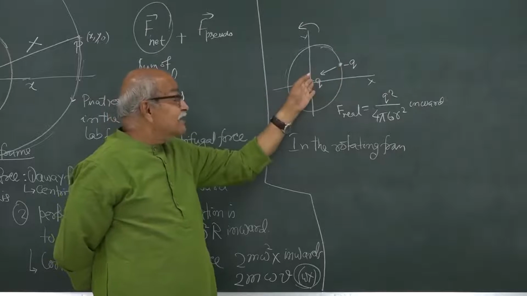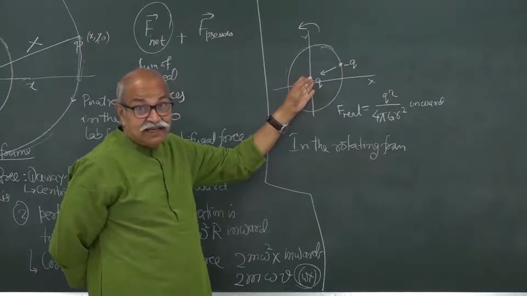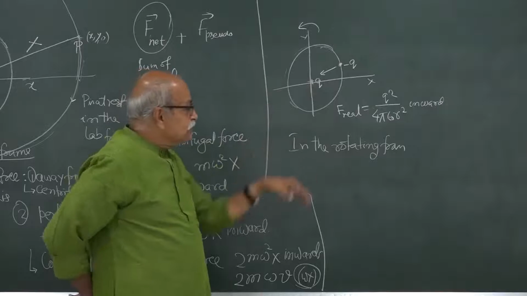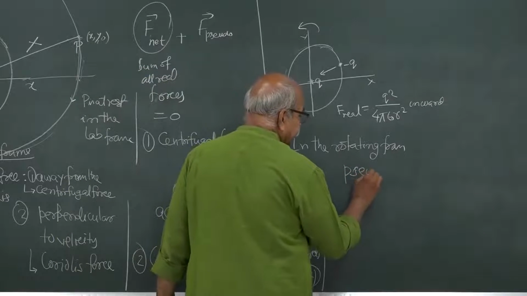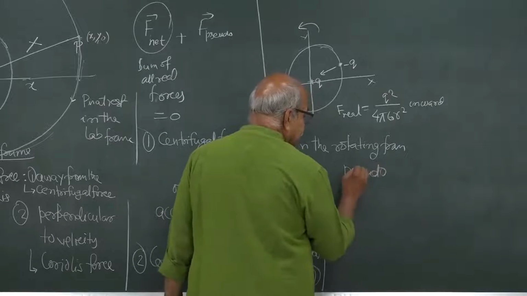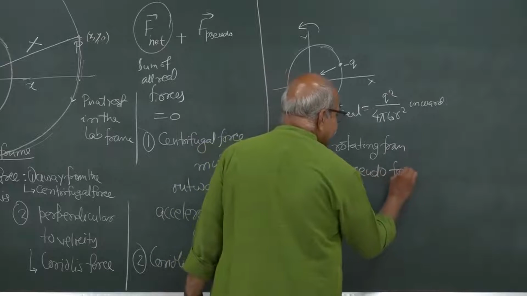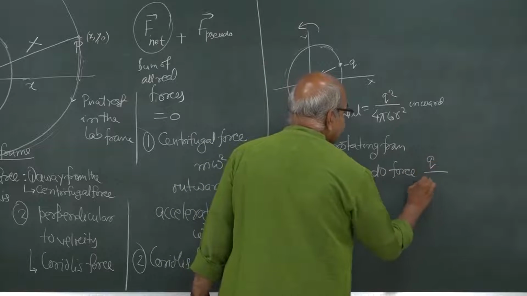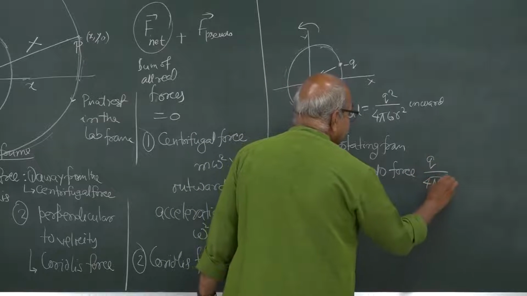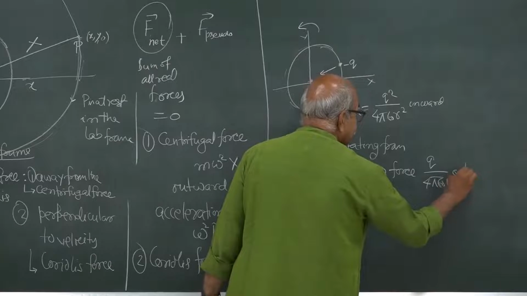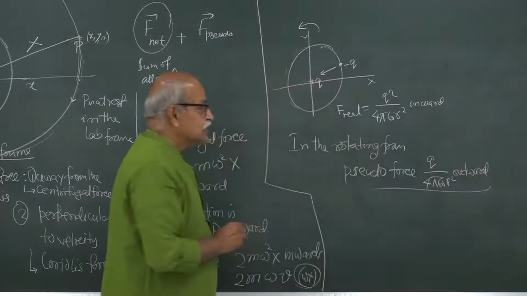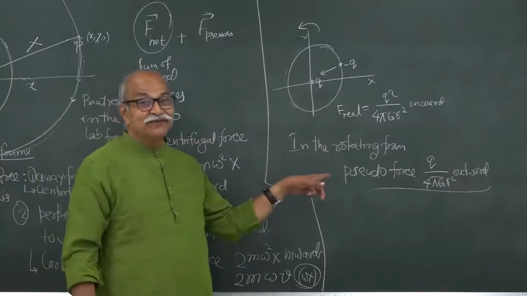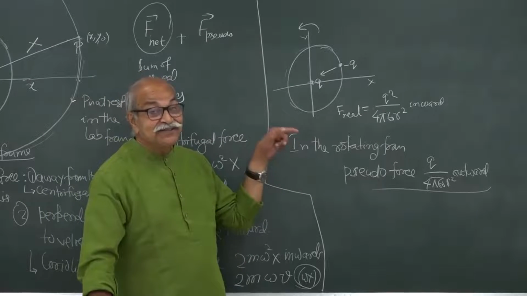But I know that there is an attraction that cannot be done away with, and therefore the pseudo force that I have to use is just q square by 4 pi epsilon naught r square outward, and that is the centrifugal force. I do not need Coriolis force. Coriolis force depends on the velocity.